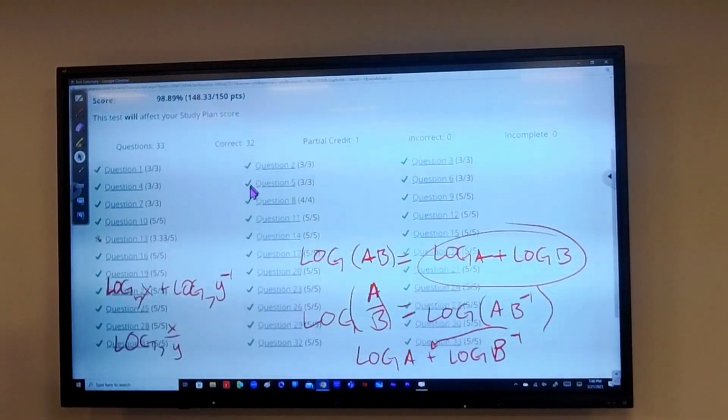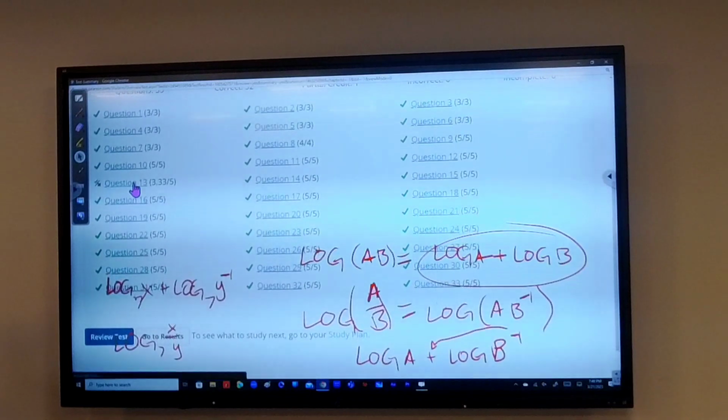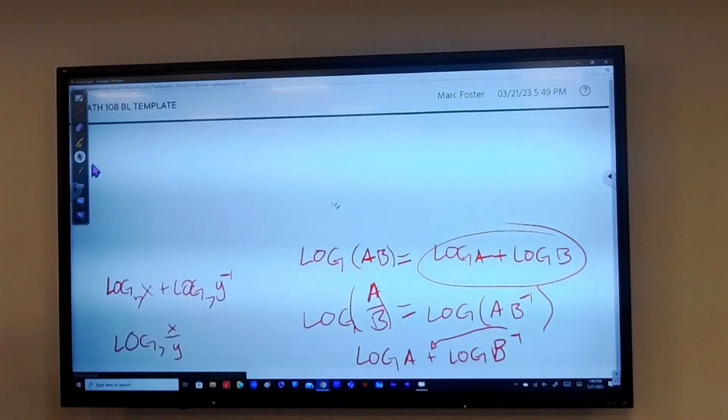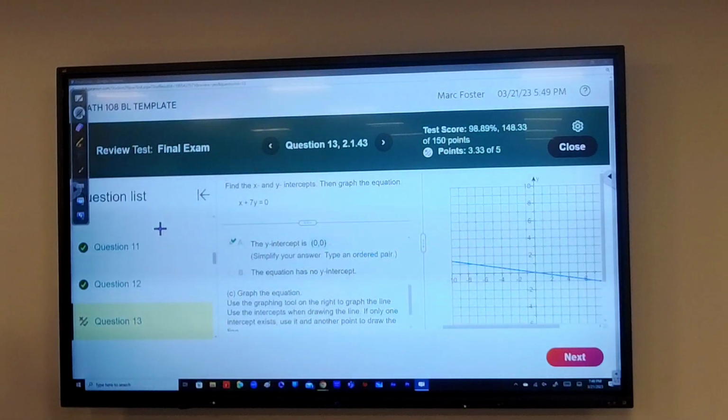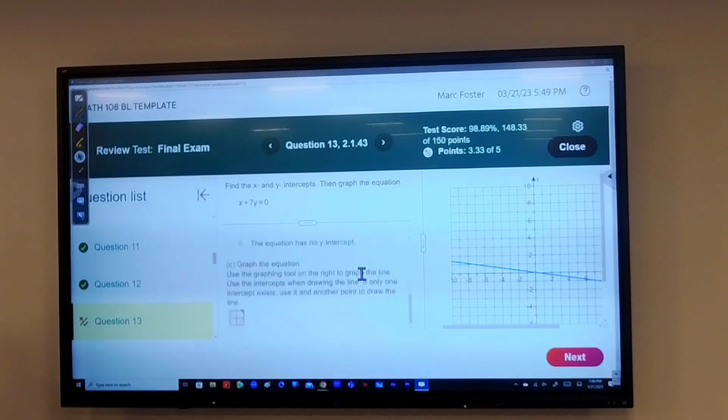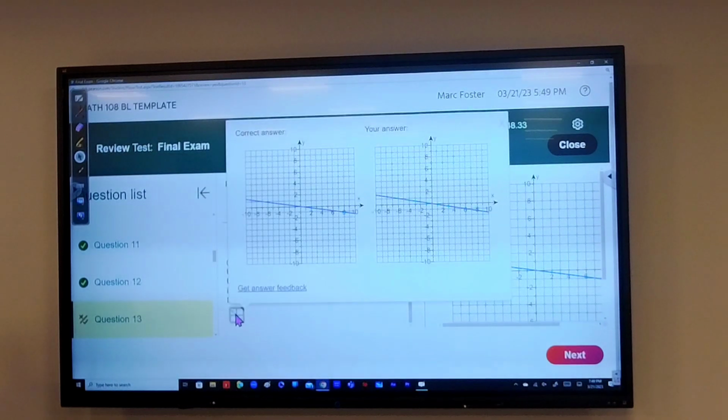It says I missed something. Number 13. Let's see what happens. What did we do wrong? Was I not careful enough?